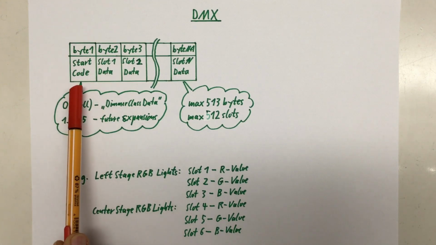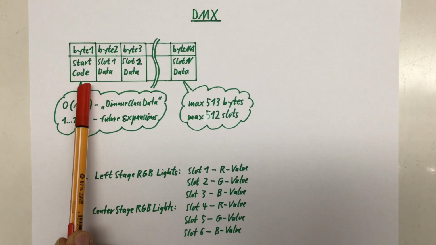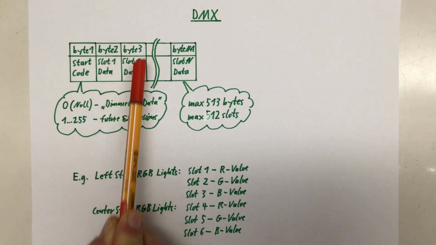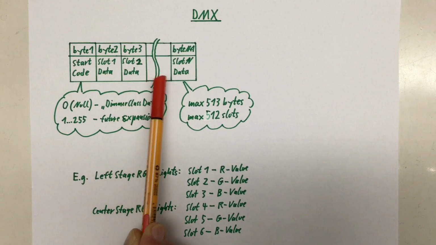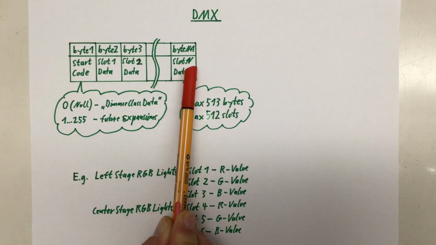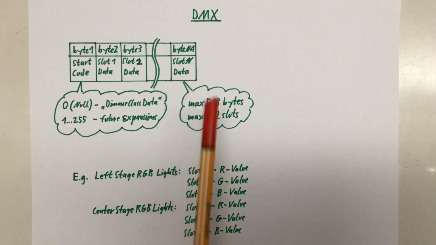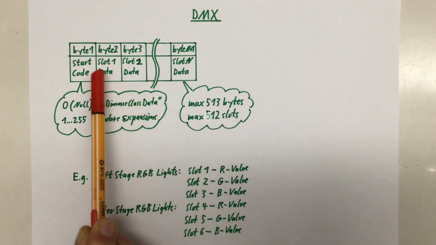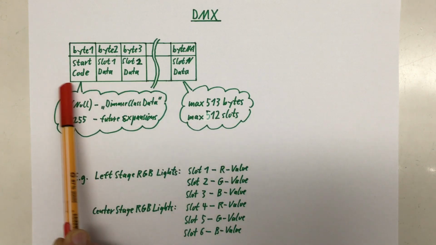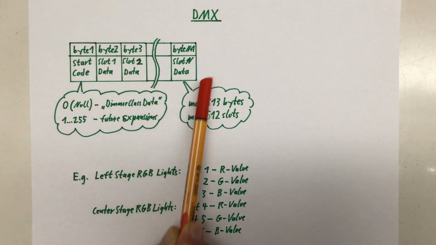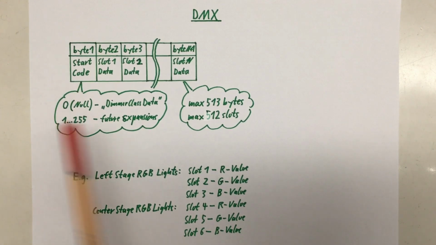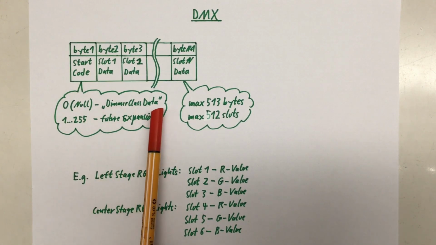Byte 1 of that package contains the start code, byte 2 slot 1 data, byte 3 slot 2 data, and so on until byte n+1 with the slot n data. So we can have a maximum of 512 slots, and the total length of the message is at most 513 bytes. The start code is usually 0, which stands for dimmer class data.